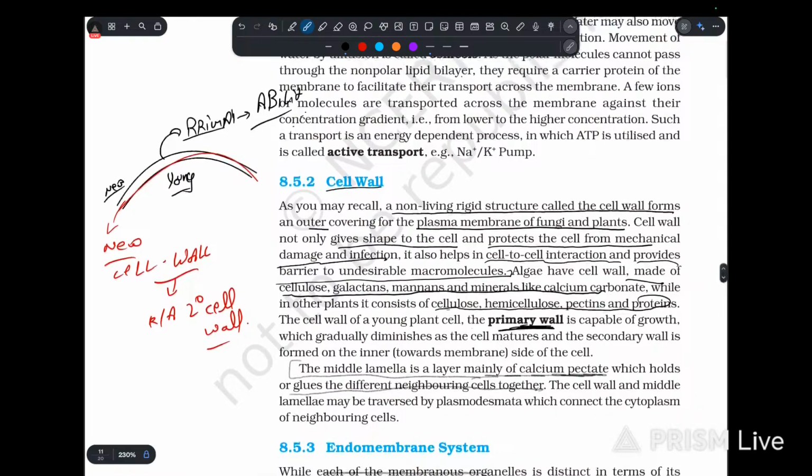So this is the cell wall of one cell, and if there is the cell wall of an adjacent cell, there will be a layer in between. This layer is called the middle lamella, which helps in gluing two adjacent cells together.